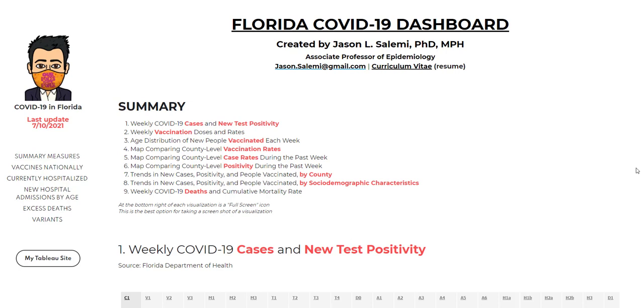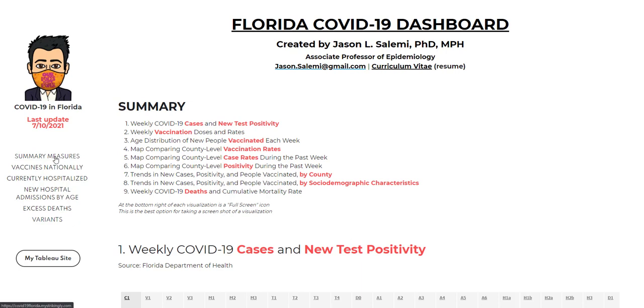I actually just did an update a little bit earlier this afternoon. And so hopefully all of these numbers will at least be current. My goal is not really to talk about the numbers, but I'm sure in describing what the visualizations are designed to do, I'll also talk about what the numbers mean. As you can see on the left-hand side, the dashboard is currently organized into the various measures that I make available.